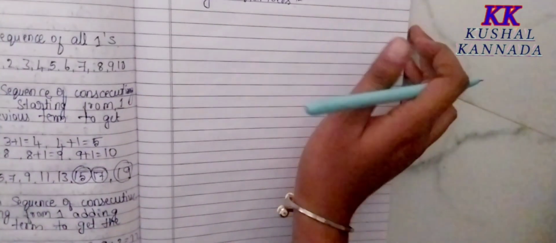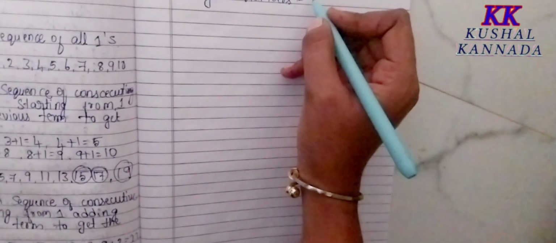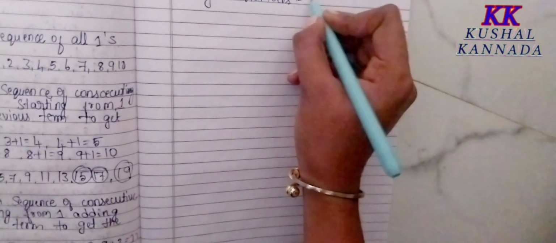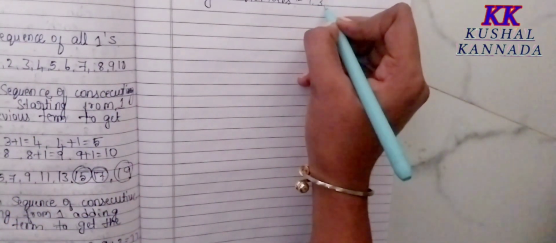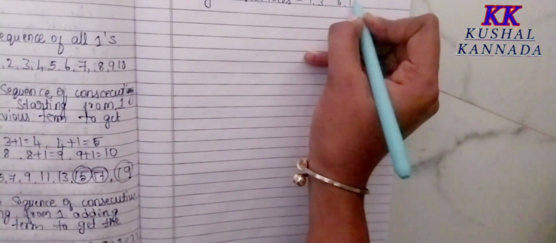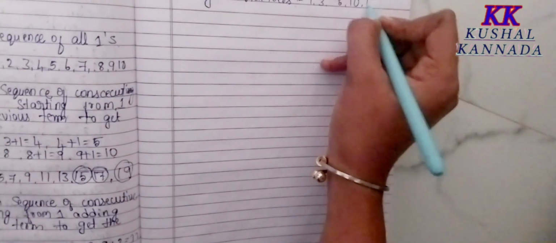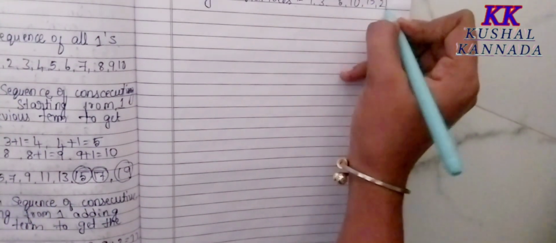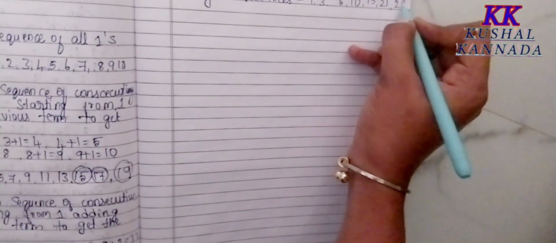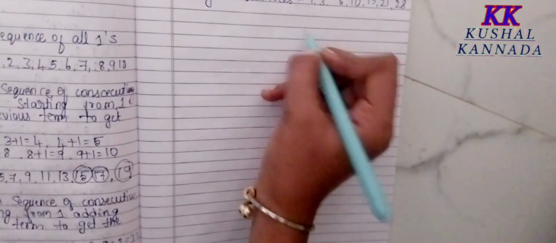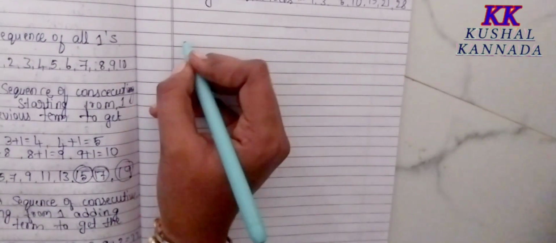I will write the triangular numbers sequence. 1, 3, 6, 10, 15, 21, 28. I will write 3 numbers in this line. Okay.